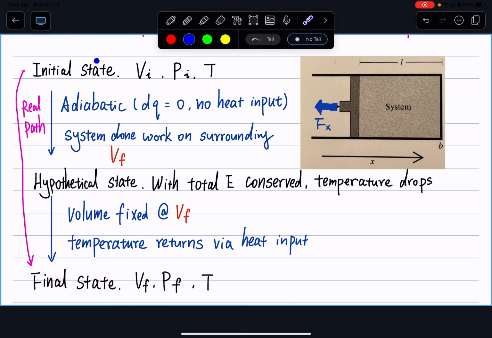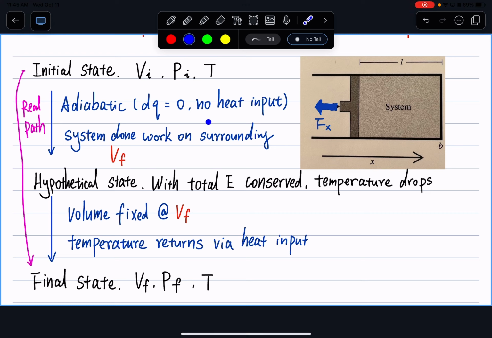Now, in that process of getting from your initial state to your hypothetical state, your total energy must be conserved. Since we know ΔU equals Q plus W, and in this case the system is doing work on the surroundings, the temperature must drop. All right?